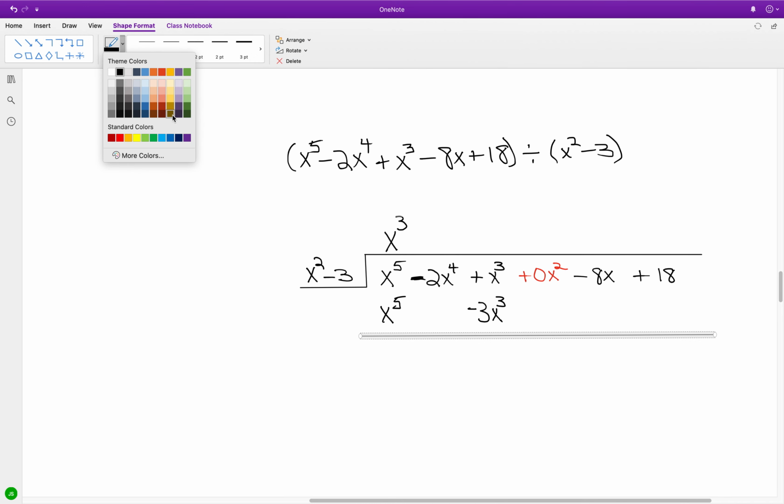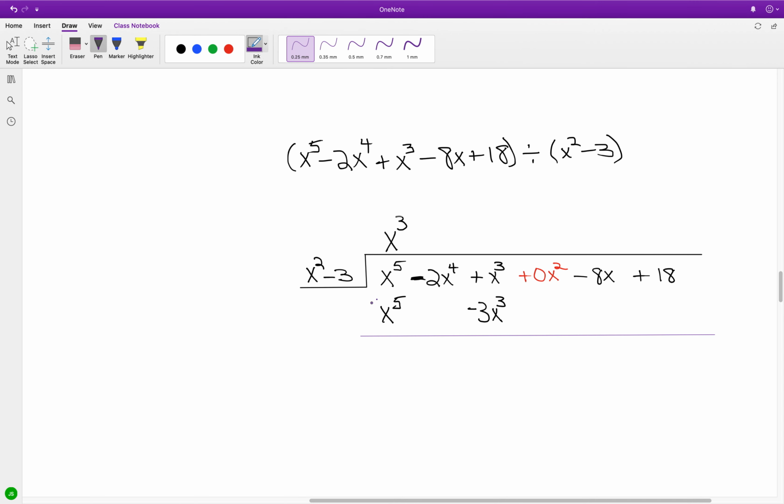And crossing over to the stage of combining like terms, we have x to the fifth minus x to the fifth, that will go out. And now we don't have anything to take away from negative 2x to the fourth, so this will be brought down. Then we have x cubed minus negative 3x cubed, so it'll be x cubed plus 3x cubed, which makes 4x cubed. And we have plus 0x squared minus 8x, and plus 18.